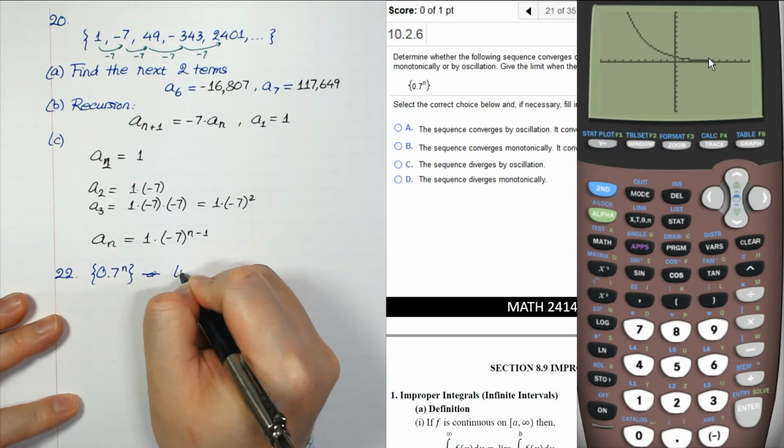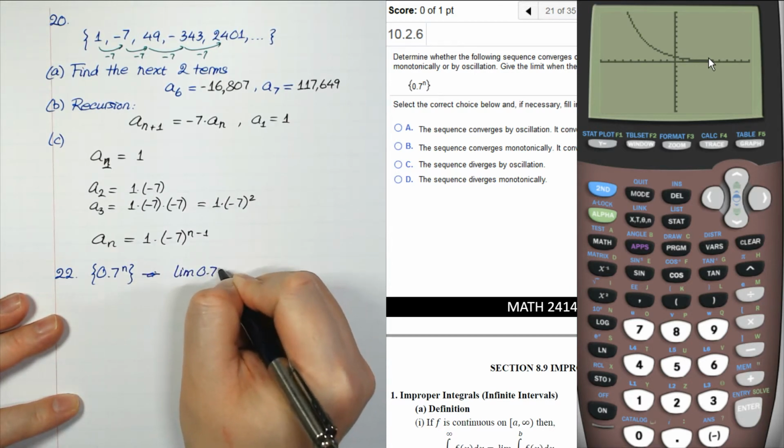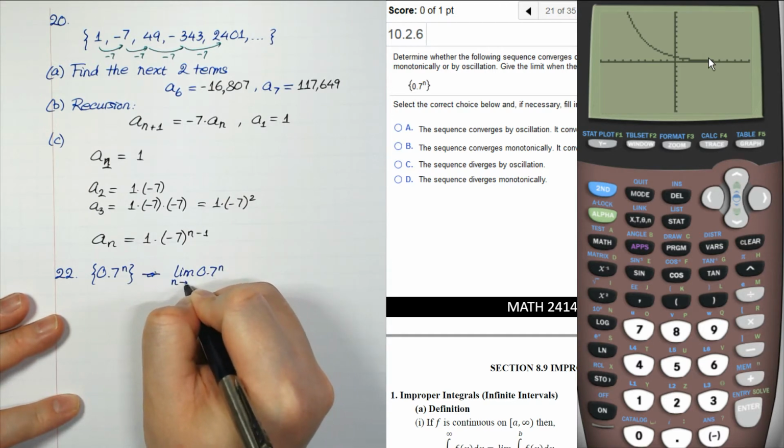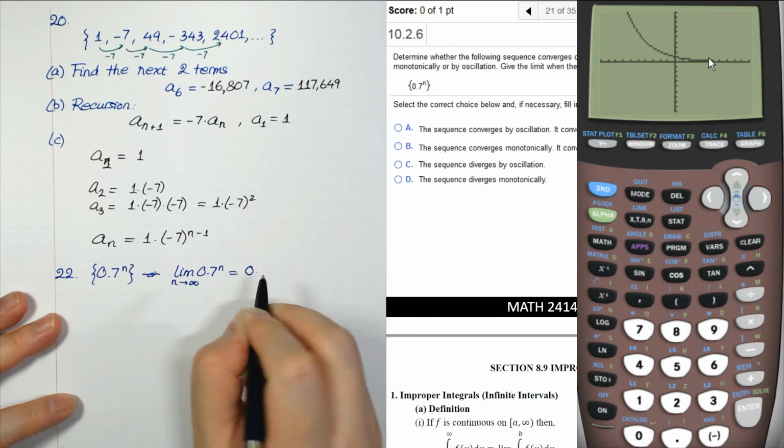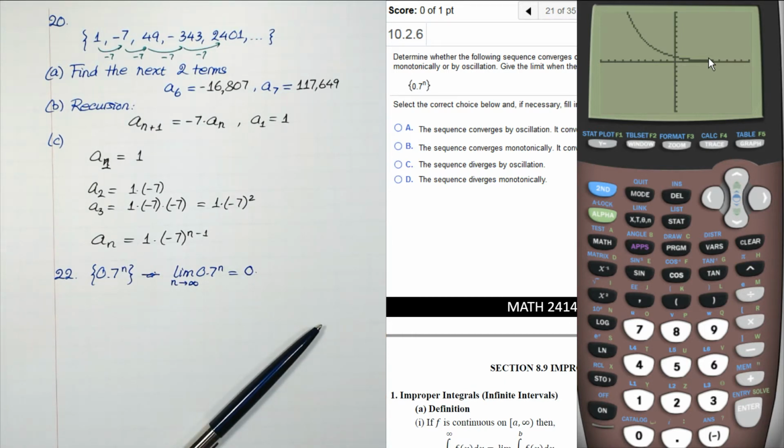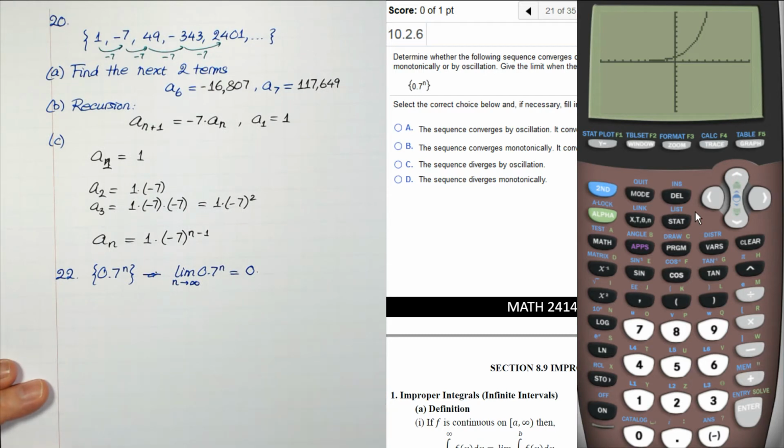So we say the limit of 0.7 to the n power as n goes to infinity is equal to 0, because it's just decreasing. If we have something bigger than 1, it is increasing. So for an exponential function, if the base is less than 1 it is decreasing, and greater than 1 it is increasing.